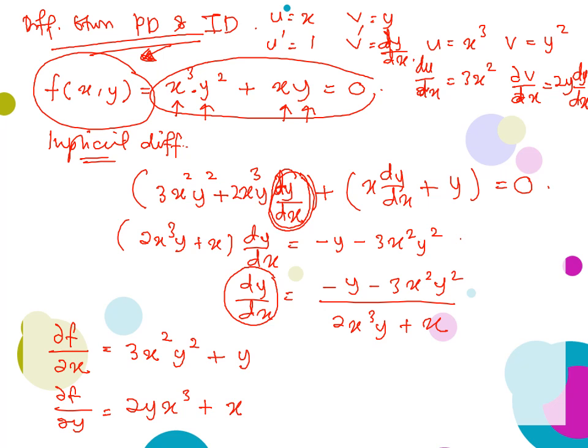And for partial, since it is partial, it means we are only interested in certain variables, and we will treat the other variable as a constant. So hopefully it is obvious for you on these two differentiations.